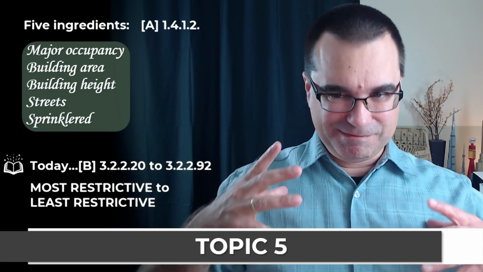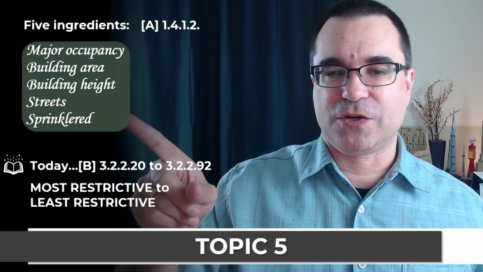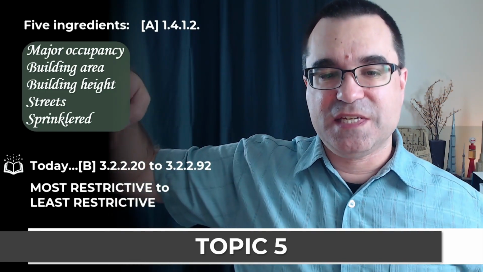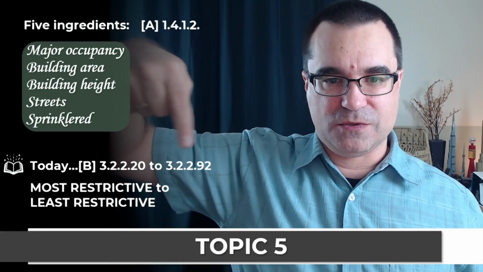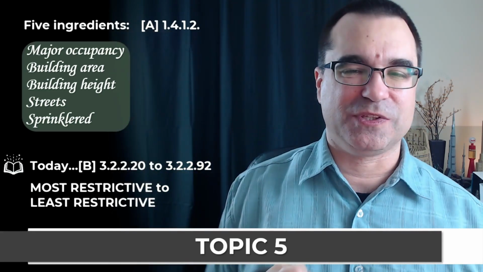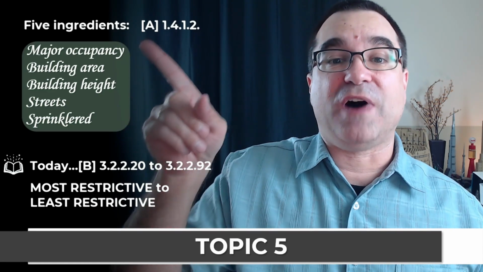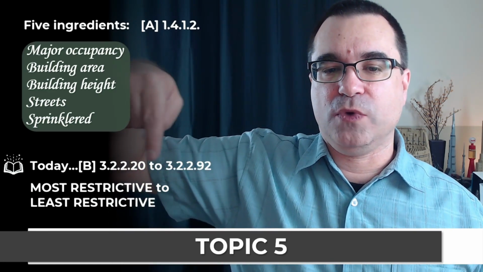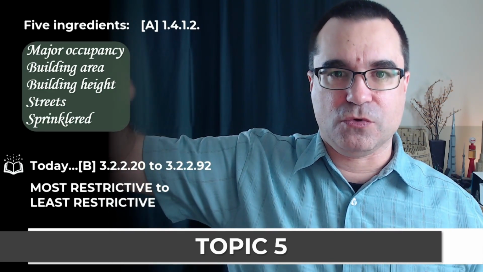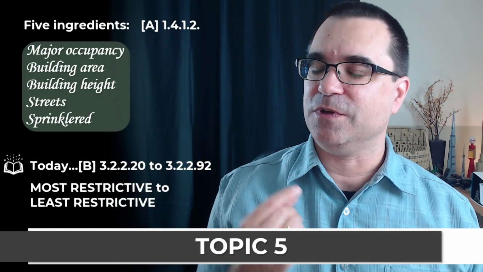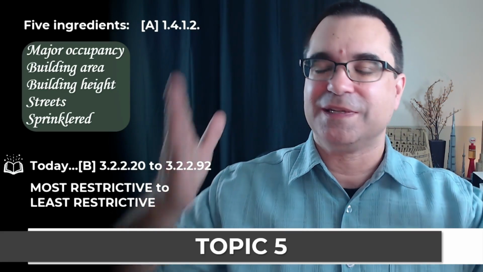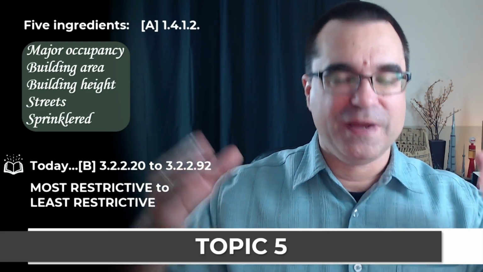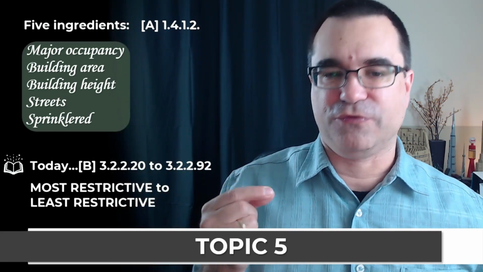Today, okay, we're going to use these 5 ingredients to sift through these 73 articles, okay? This is what we're going to be doing with topic 5. These 5 ingredients are going to help us figure out which one of these 73 articles apply to the building we're analyzing so that we can figure out the requirements of that building to prevent the spread of fire and the collapse of that building due to fire.